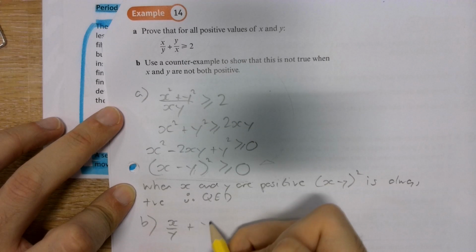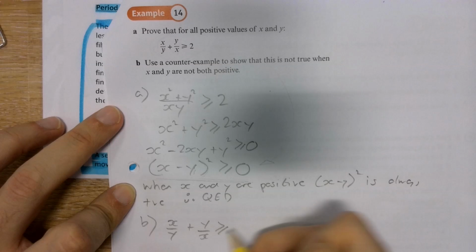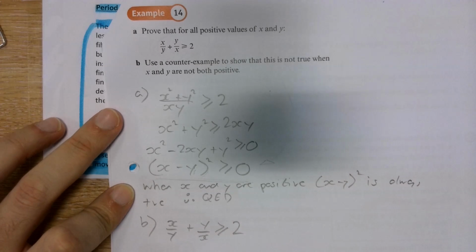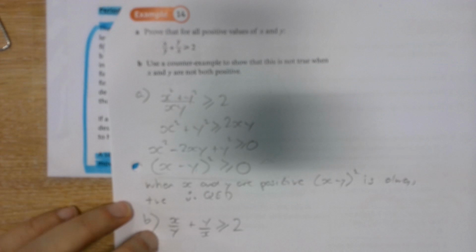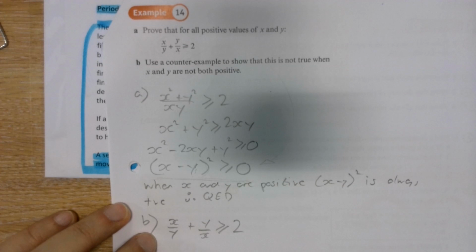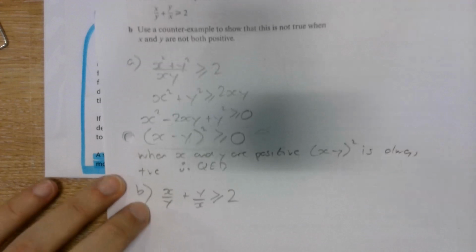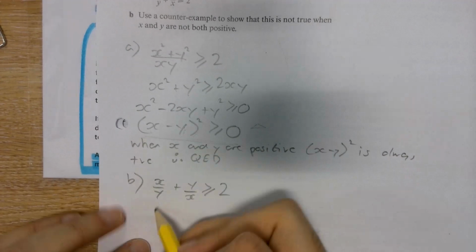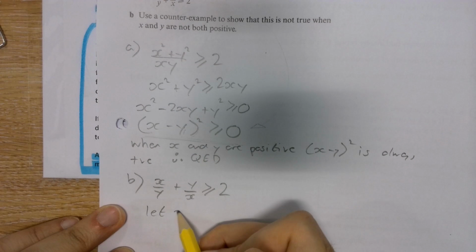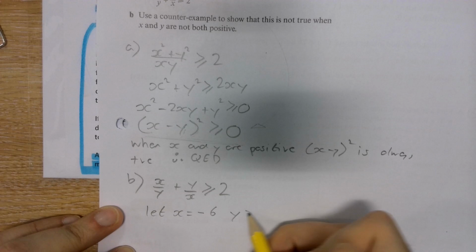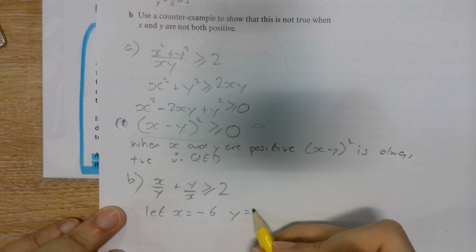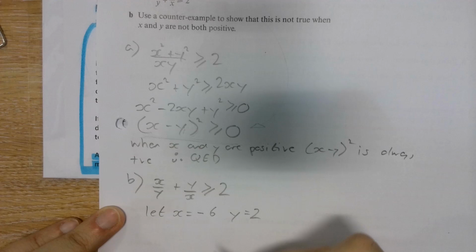x over y plus y over x is always greater than or equal to 2. So I want to disprove this when they're not both positive, using a counterexample. So if we let x equal minus 6 and y equal 2, let's see what happens.